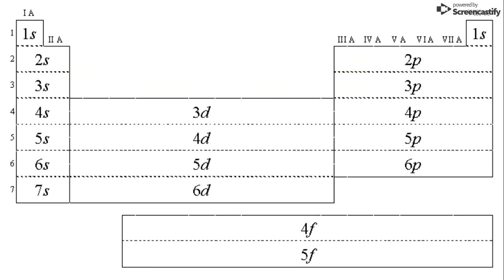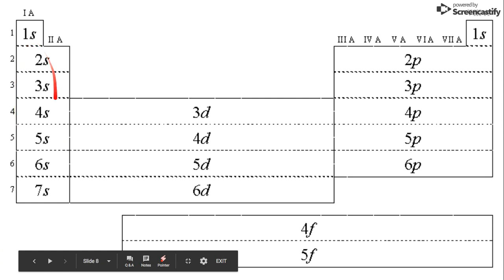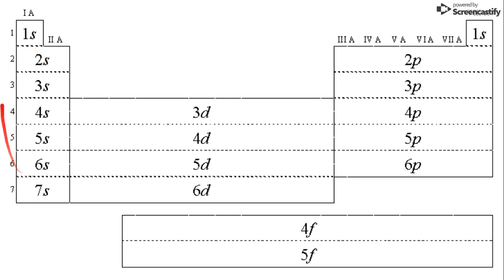What's interesting is that if you look at the periodic table, you can see that there are 2 columns over here on the left. As it turns out, for those elements, the outermost electrons are filling s orbitals. So we call this the s block.